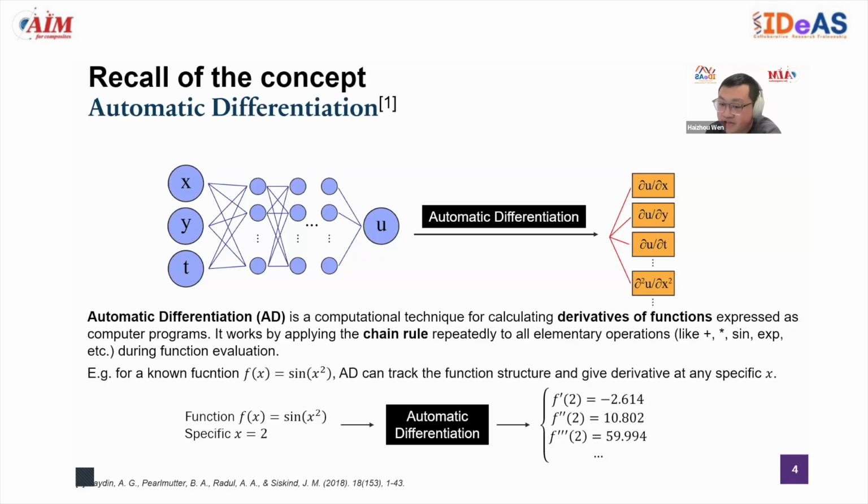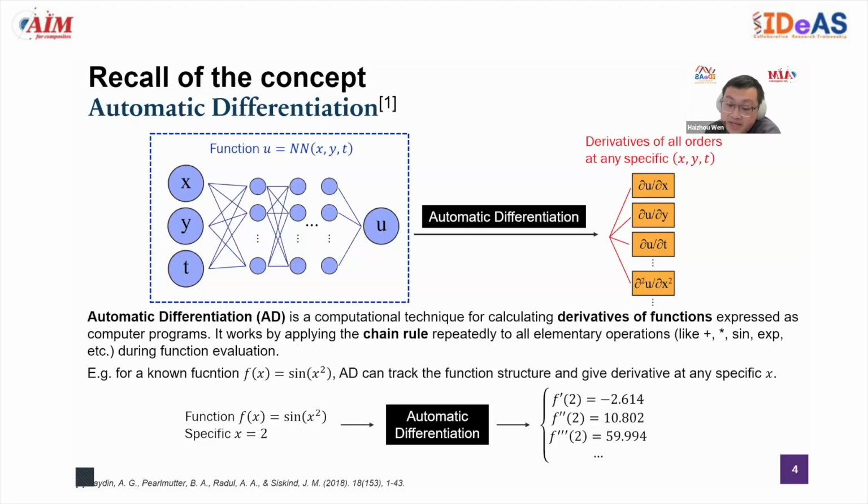For example, if we have a simple function like sine of x squared, AD can track specific operations inside a function like sine and square. So it will give us back the specific derivatives at any x location. So in this specific example, AD gives us back all the derivatives of function f at x equals 2.